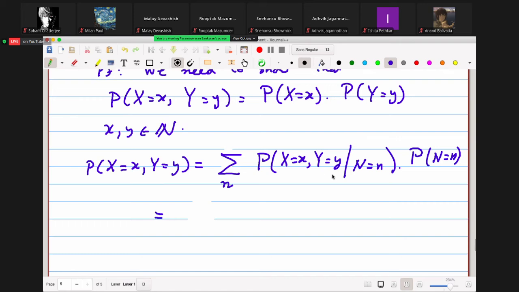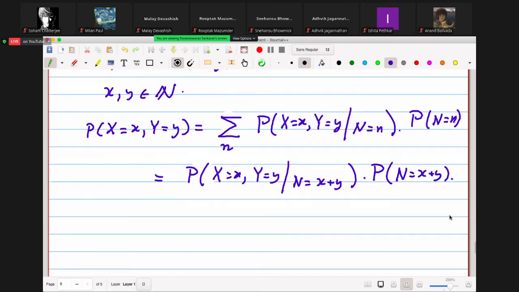Now you think for a minute, N has to be equal to x plus y. So this is the probability of X equals x, Y equals y, and N equal to x plus y, times the probability that N equals x plus y.